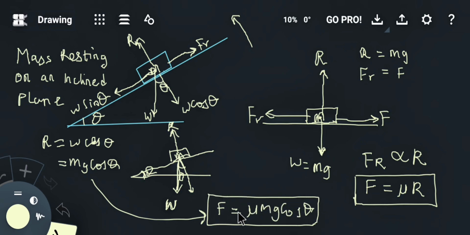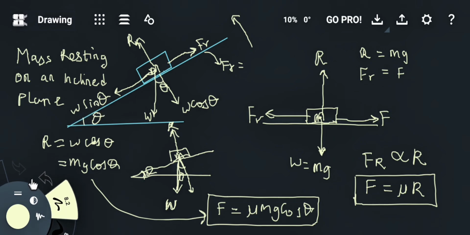So similarly, we can also see that the frictional force, which we are looking at right there, is equal to the weight component that tends to push this mass down the hill.